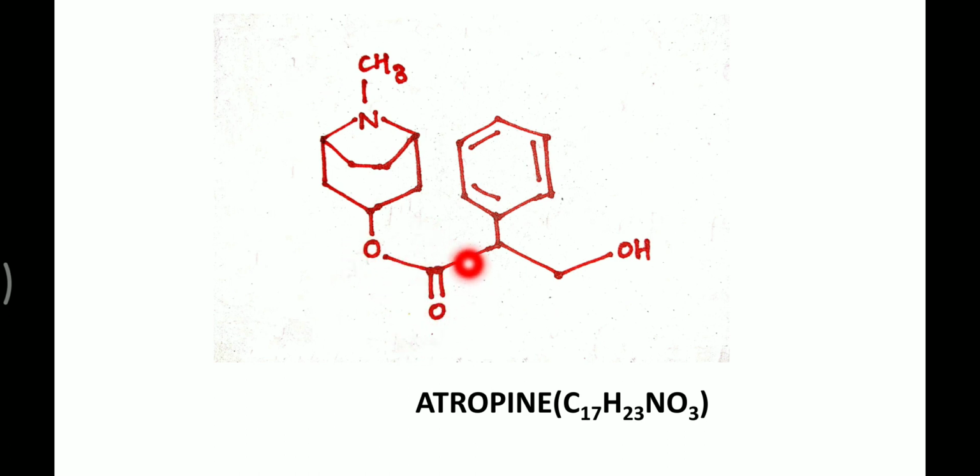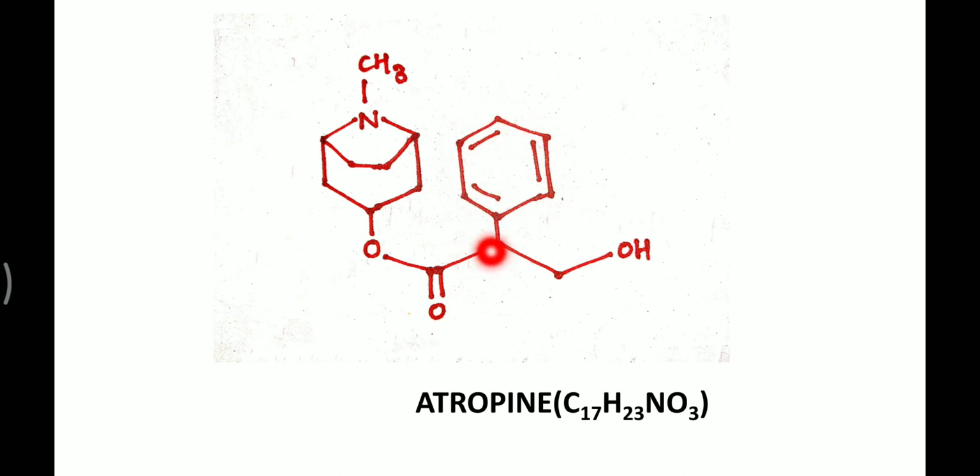This is the carbonyl group, which is then bonded, not directly to the benzene ring. Here there is one junction. This is a CH group. C is bonded to 3 different groups. The fourth bond is hydrogen. So this junction or intersection is a CH group, which is then bonded to one benzene ring.